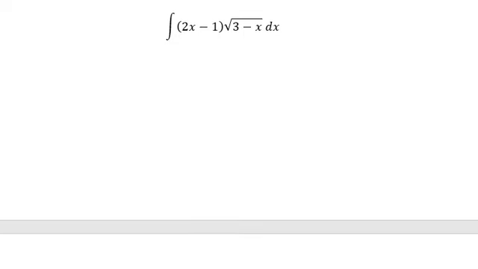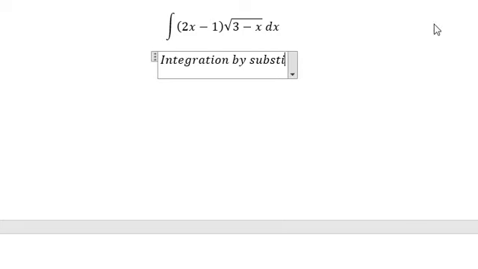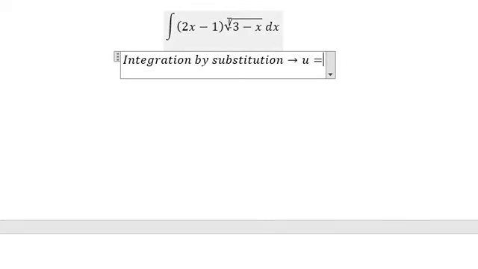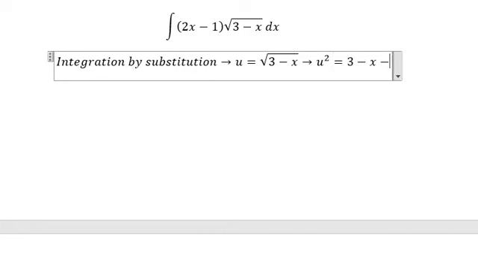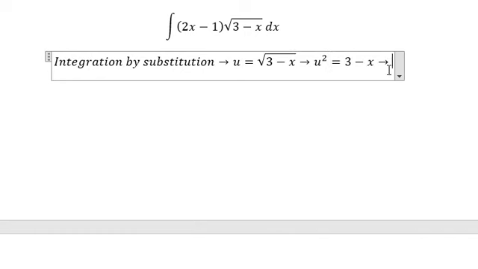About the next one, we need to use integration by substitution. So we put u equals to the square root. We square both sides. Later, we have s, so we put this one on the left, u squared on the right.